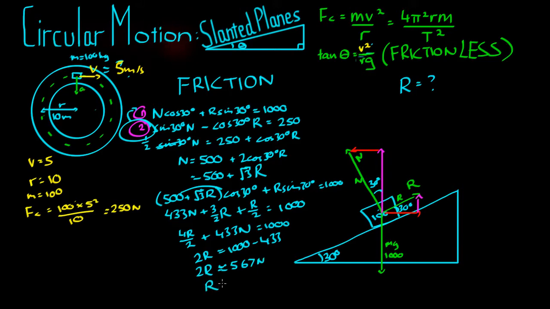Therefore, R is equal to 284 newtons. And so even though it seems he's going a little bit too slow, and you'd think if there was no friction he would drift towards the center like that, since there is some frictional force acting in that way, it serves to keep him on the green line.